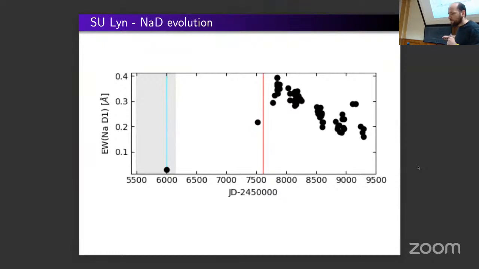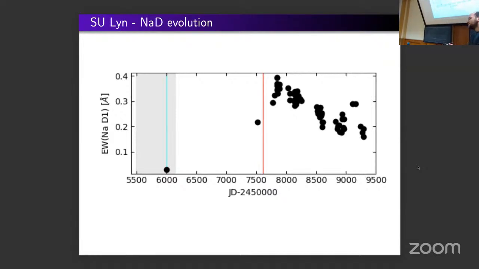And here you can see the change in the sodium D1 line. It grows and then goes down. And this is correlated with reddening of the system. So the bigger the equivalent width of sodium, the more reddening.